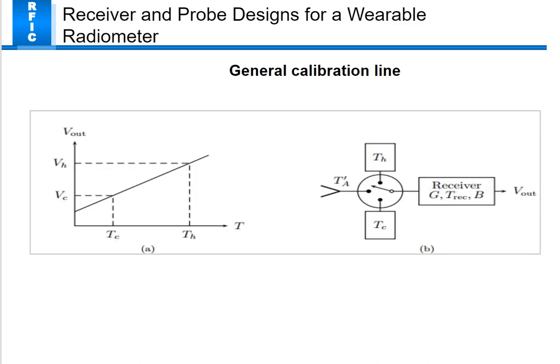Now this is the receiver and probe design for the variable radiometer. This is the general calibration line.